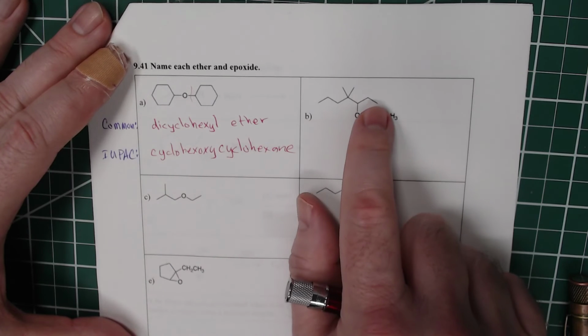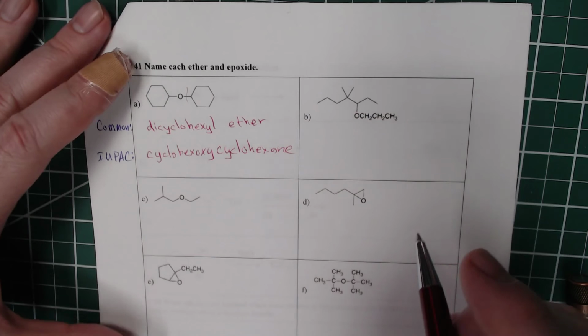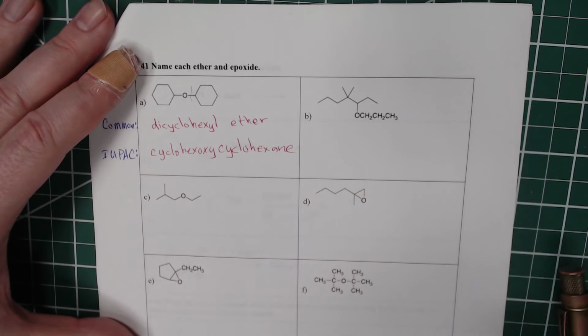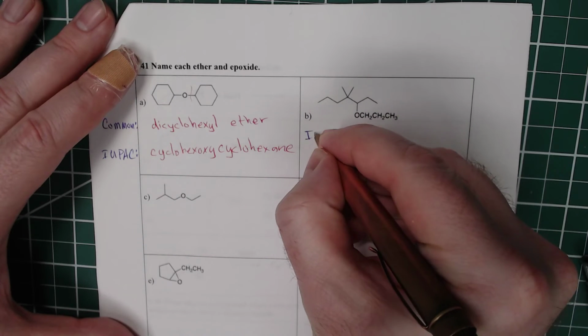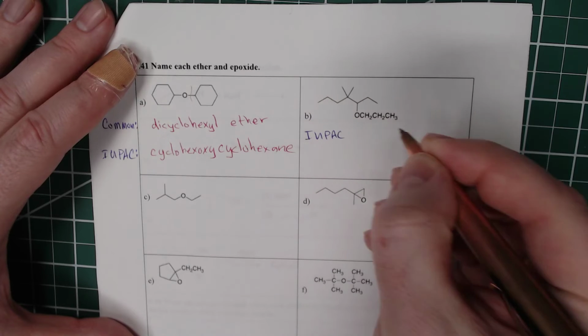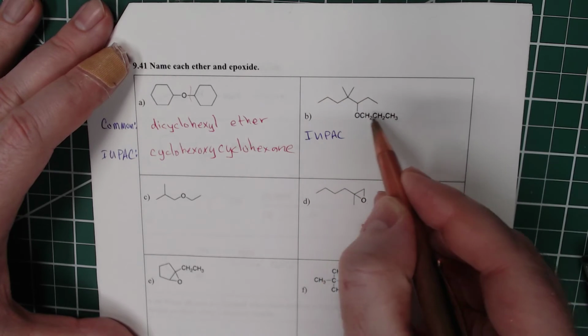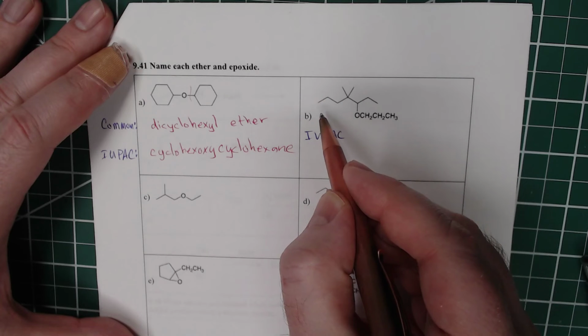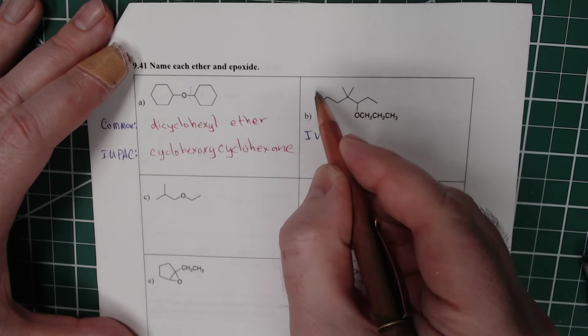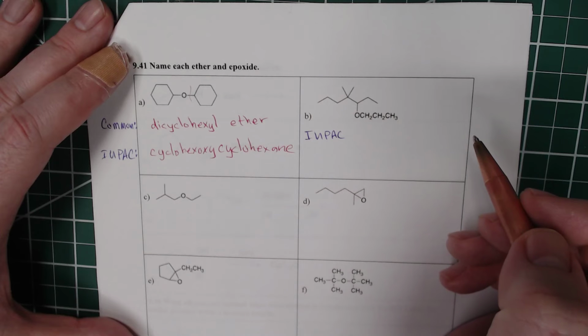All right, this next one, we're only going to do the IUPAC nomenclature for this. That is simply because here is our ether, and while this is a propyl group, this other thing doesn't have a simple name.